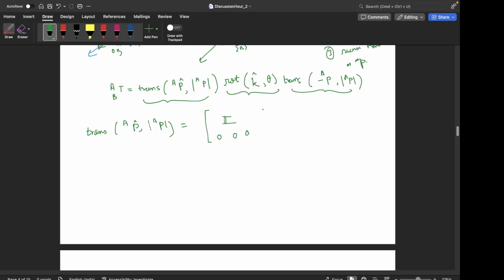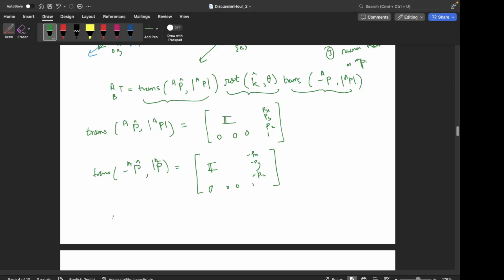So the rotation part is identity, and here it is px, py, pz, and 1. Then the reverse case, we have minus p, and here it is I, and then minus px, py, pz. This is 0, 0, 1. Right. So these two parts are clear.